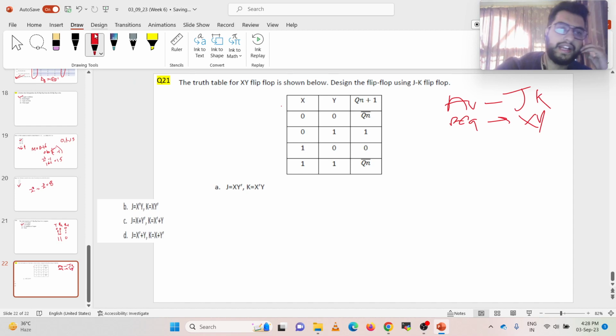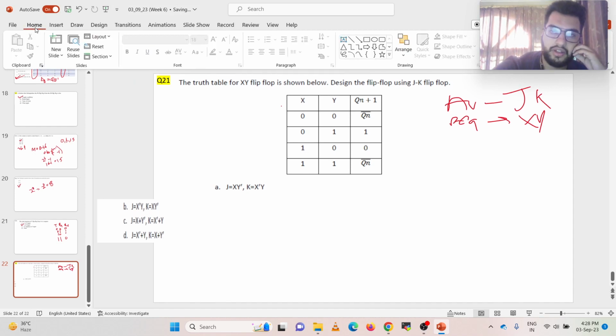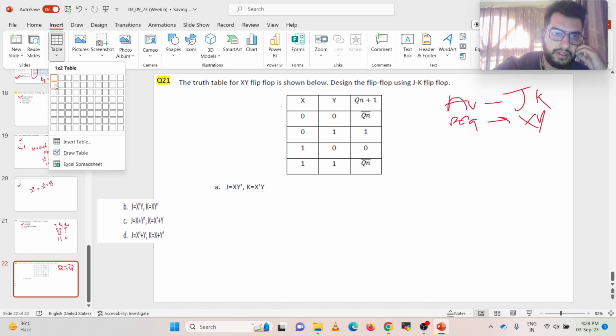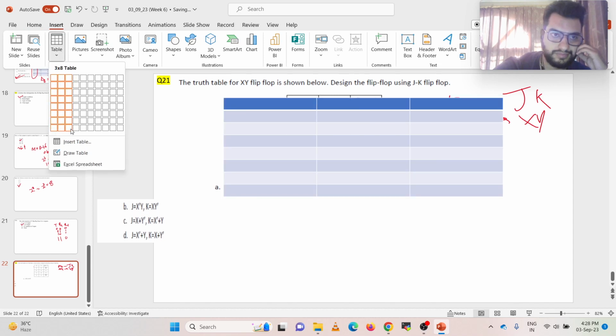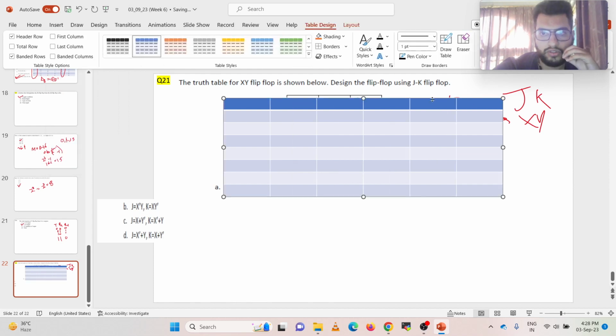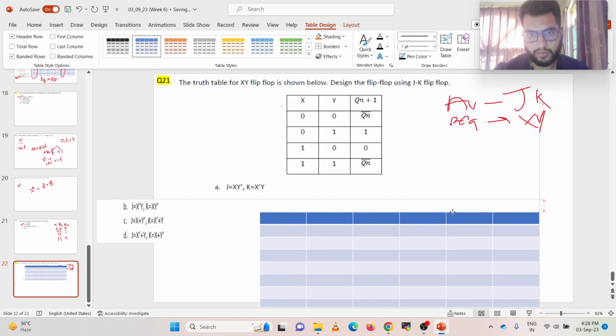We have to draw the characteristic table of the required flip-flop, right?